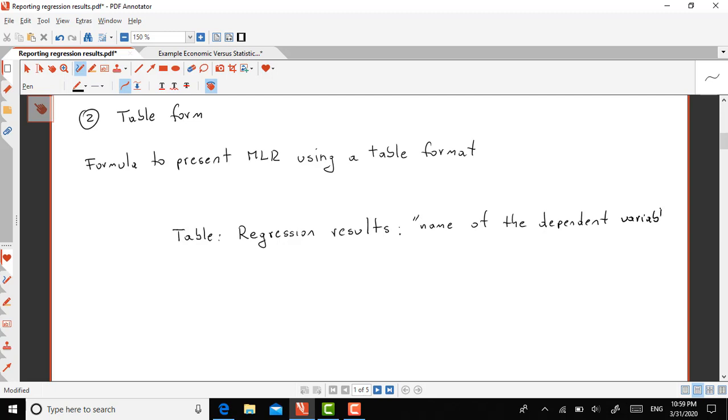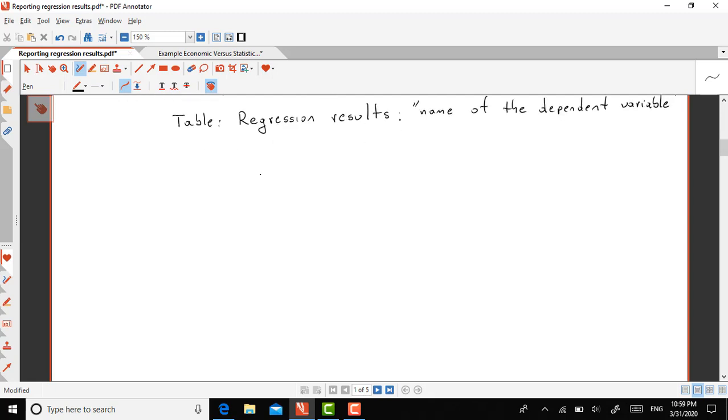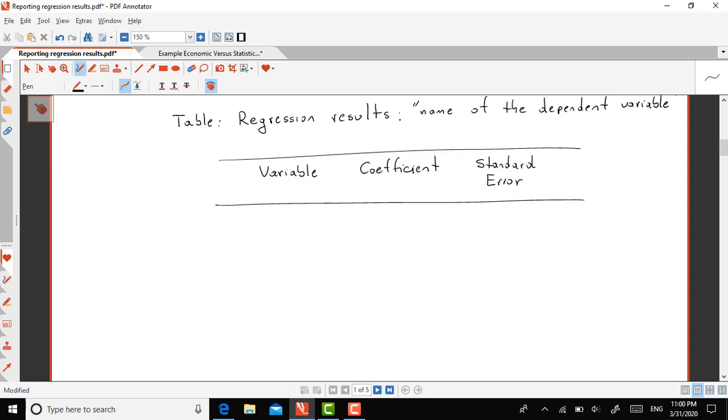Okay, so that people know what your dependent variable is. And then, of course, you will need a table. The table is going to have three columns. The first one is going to be for the name of the variable. The second one is going to be for the coefficient. And the third one is going to be for the standard error. Okay, so this is a table, and then here, you're always going to have an intercept.